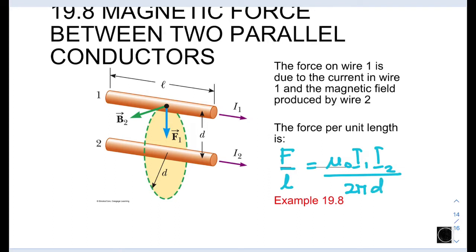Remember, R or D must be from center to center between the wires. The force must be in Newton, the length in meter, both currents in ampere, and D in meter. Every single thing must be in SI unit.